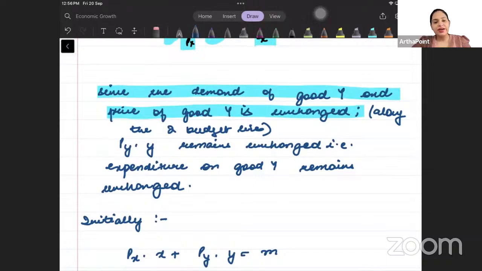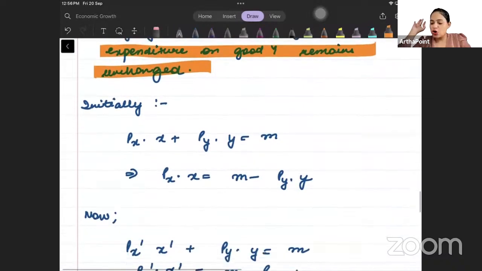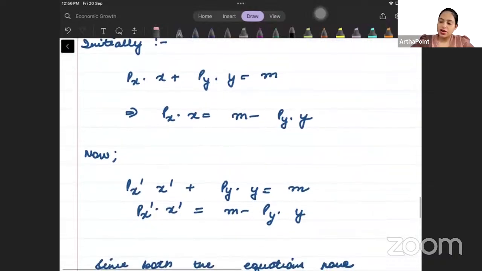So since demand and price of good Y are the same, the expenditure on good Y will be the same. So we have written that the expenditure on good Y will remain unchanged. There will be no change in the expenditure on good Y. I have then written those two budget lines that I just explained to you.